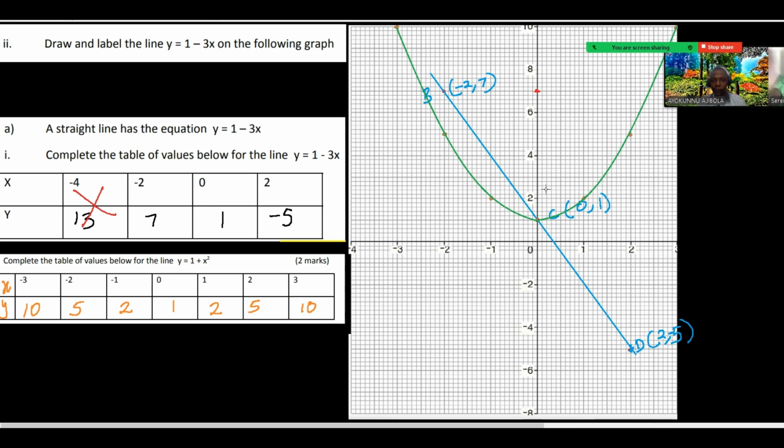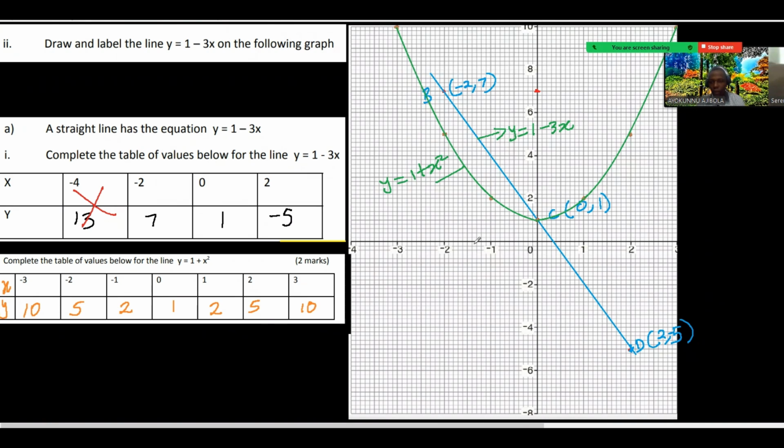Is that clear? Now, if we want to label the two, this one is y equal to 1 minus 3x, okay? While this other one is y equal to 1 plus x squared. Are you getting this?